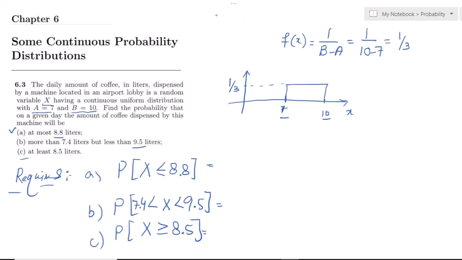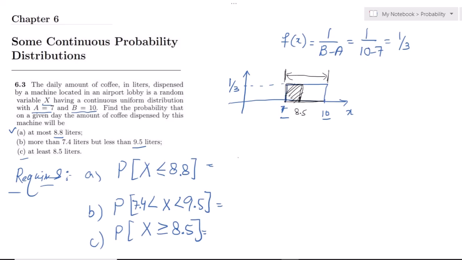So now solving it, let me use this color. If I have here this 8.8, we have to find the probability of this area, while the overall area is here. In all of this area, to find this area, we have to multiply this width with this height, so it would be 3 multiplied by 1 by 3.